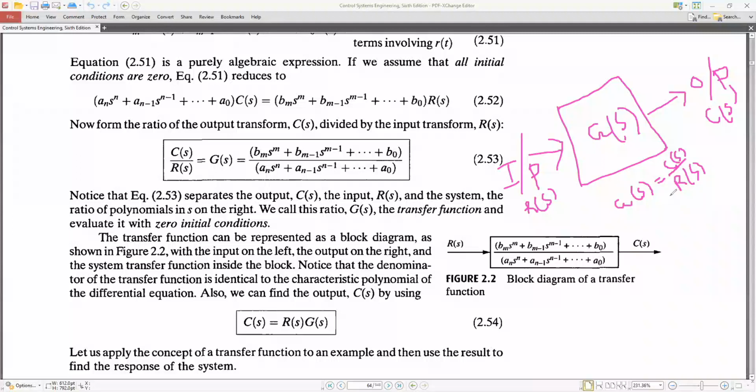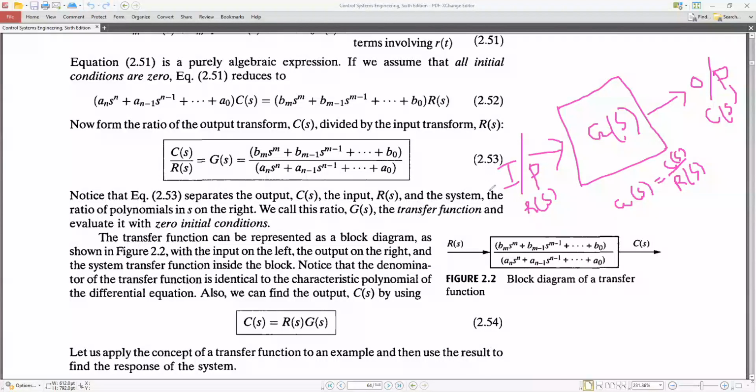What is the definition of transfer function? We can write that the transfer function is the ratio of the Laplace transform of the output response to the Laplace transform of the input of a system.